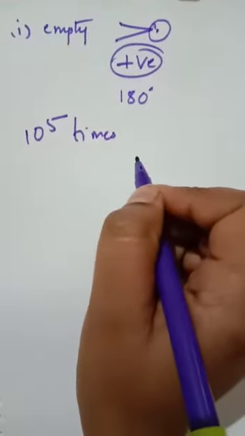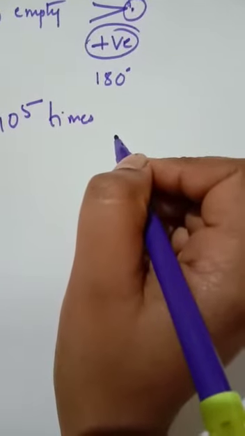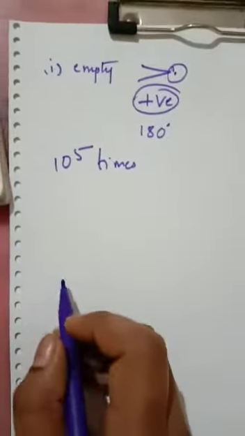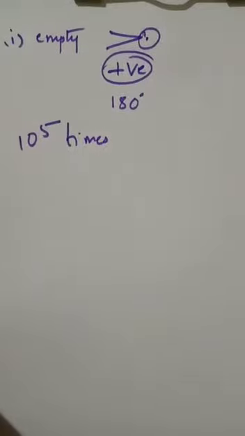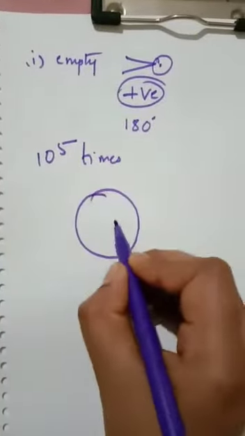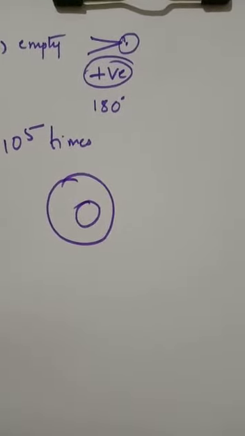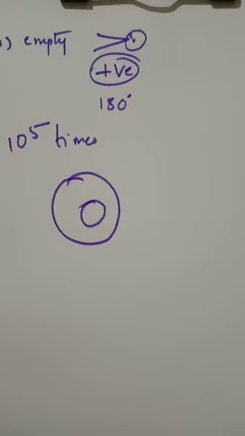On the basis of his experiment, Rutherford put forward the nuclear model of an atom, which had the following features. There is a positively charged center in an atom called the nucleus. Nearly all the mass of an atom resides in the nucleus.